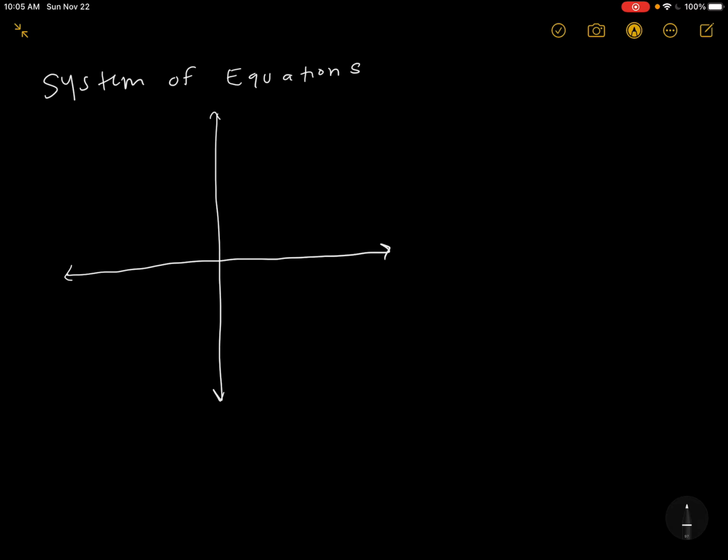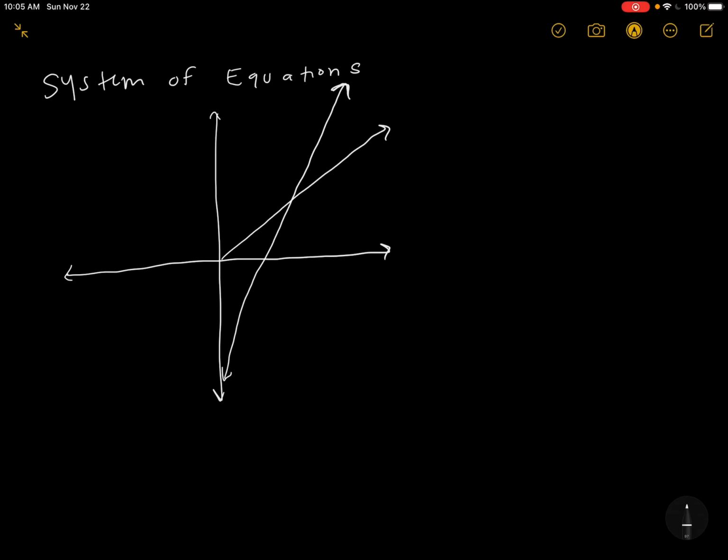Okay, and so let's just say one line represents how much product you sell. You can't sell negative products, so I'm just going to start from 0. That's how much of an item you sell in your store. And then it costs money to make products, so maybe you have another line that's how much money you make versus your profit.